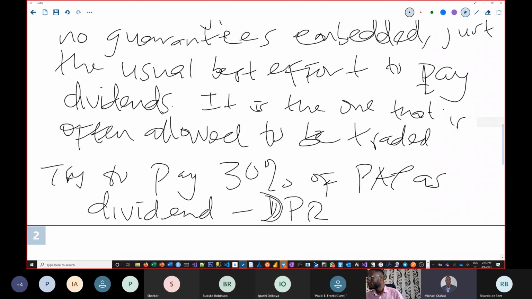So they try to keep to a dividend payout ratio, but it's best effort. GTB used to do that too, but I think this year they didn't. Some years they can decide not to. So it's just a best effort, and that's why I put here best effort, right?